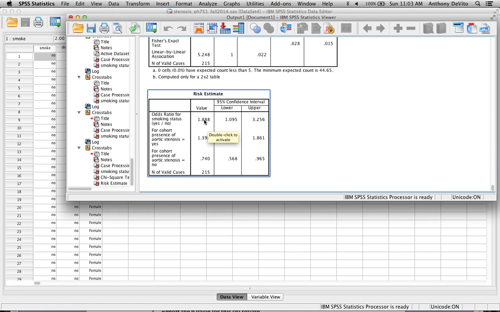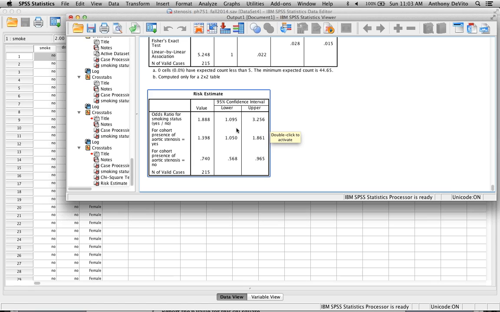Our null hypothesis is that the odds ratio is equal to 1. But we want to be 95% sure, with less than 5% chance of a type 1 error, that they really are different. SPSS calculates a confidence interval. Our odds ratio for this sample was 1.88, but the 95% confidence interval for the odds ratio for the entire population is 1.09 to 3.25.